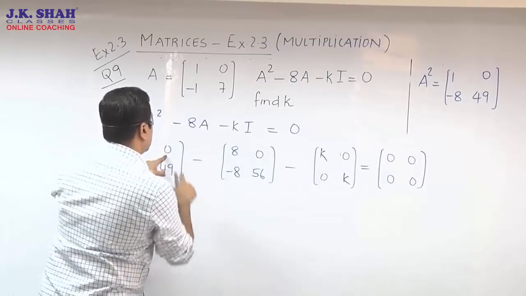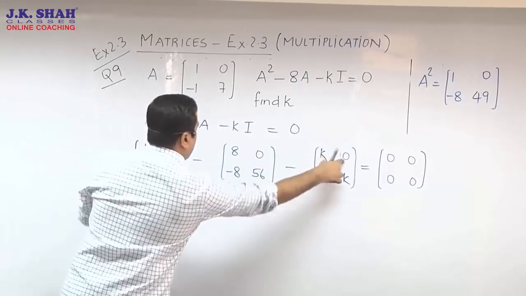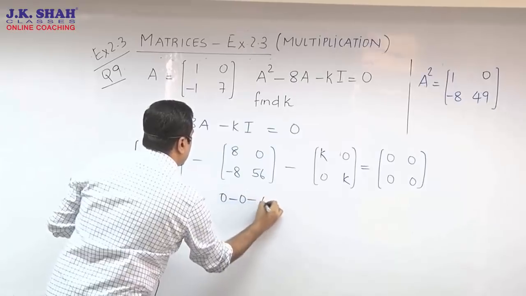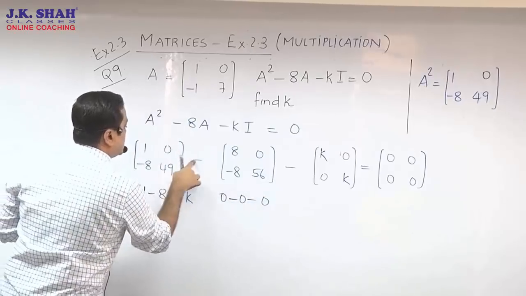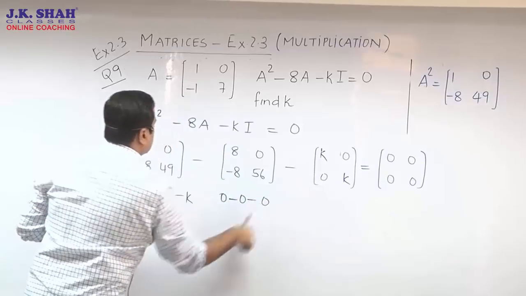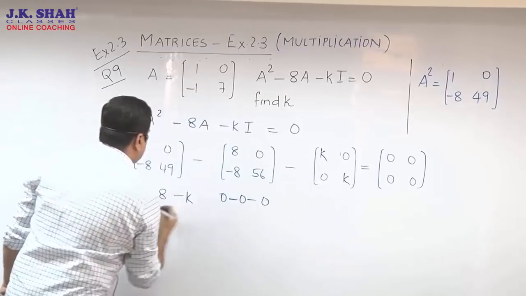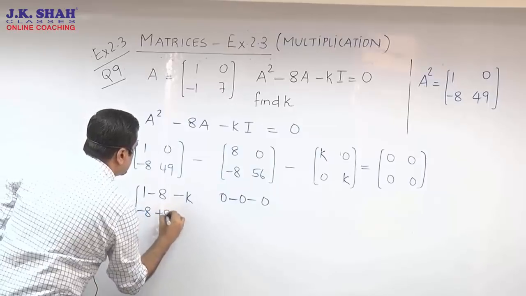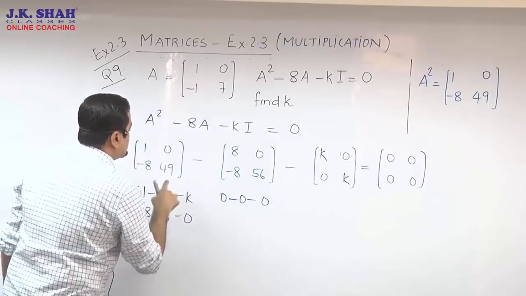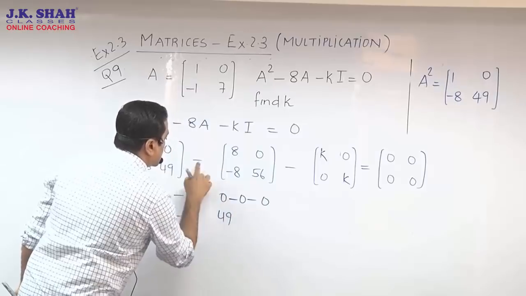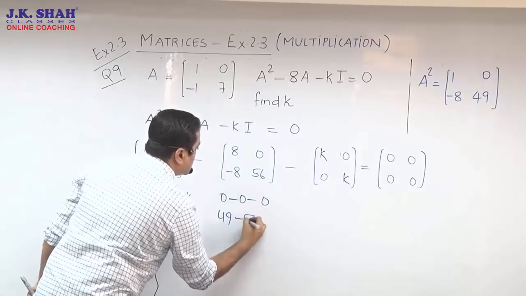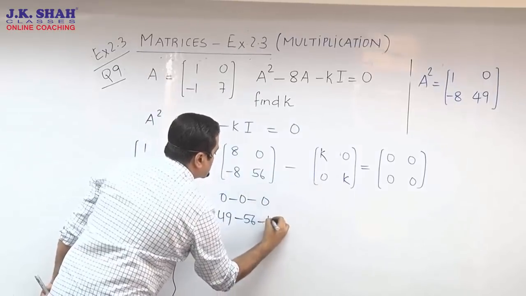Next element is going to be 0 minus 0 minus 0. So I'll write the full thing. Minus 8 plus 8 minus 0. Check that. It's minus 8 plus 8 minus 0. Minus 8 plus 8 minus 0. Last is 49 coupled with minus 56, and coming over here it's minus k.